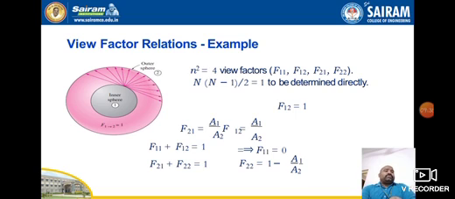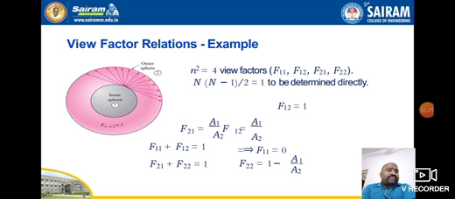So next one is the view factor concept. There are different surfaces at a certain distance, and here are some factors comparing between surface 1 to 1, 1 to 2, 2 to 1 and 2 to 2. These are the possibilities. So if you consider n surfaces, you will get n square view factors, which is 4 here. The number that must be computed directly can be found using the formula n into n minus 1 by 2, which is equal to 1.